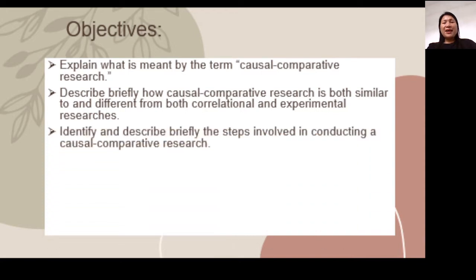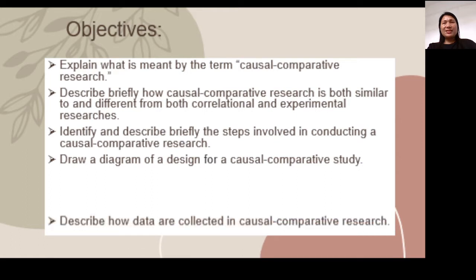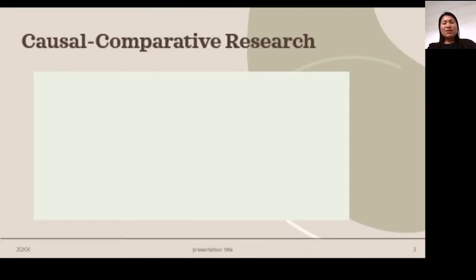We identify and briefly describe the steps involved in conducting causal comparative research, draw a diagram of the design and how data are collected, and describe the threats to the internal validity and how to control these threats. These are some of the objectives that we are going to tackle as we discuss this lesson.